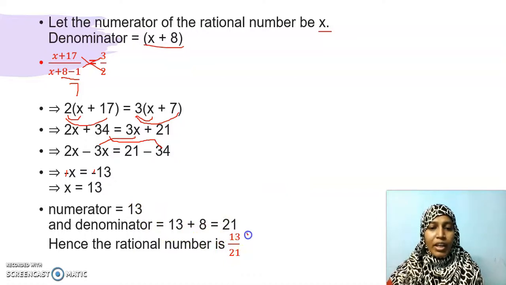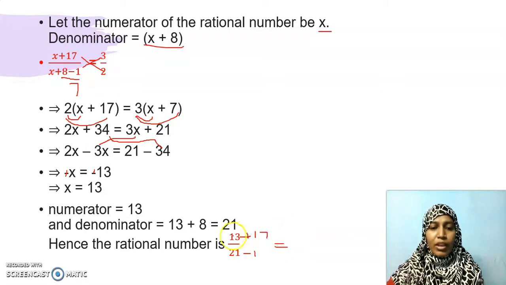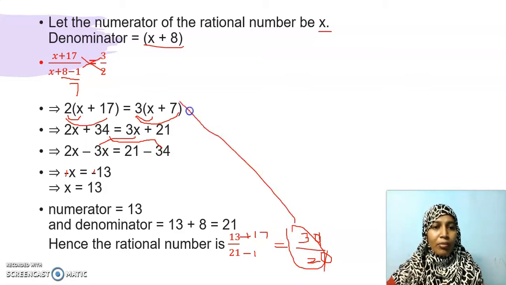If I add 17 to the numerator and subtract 1 in the denominator, what do I get now? 30 in the numerator, and 21 minus 1 is 20 in the denominator. If I cancel this, I get 3 by 2. That's what we had in the equation. So our solution is the right solution.